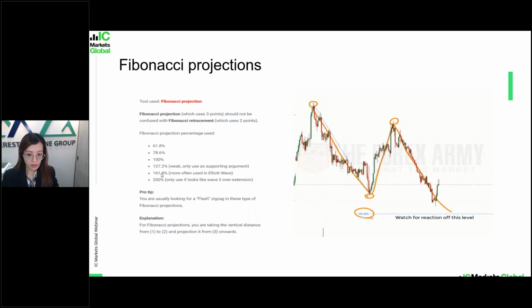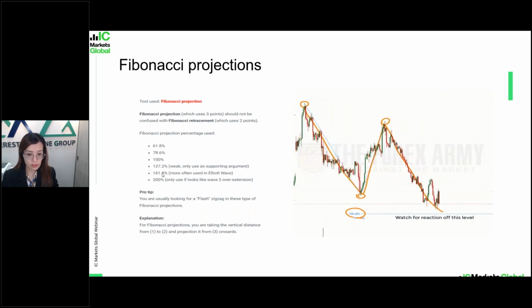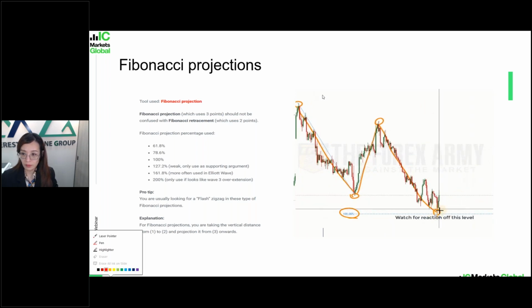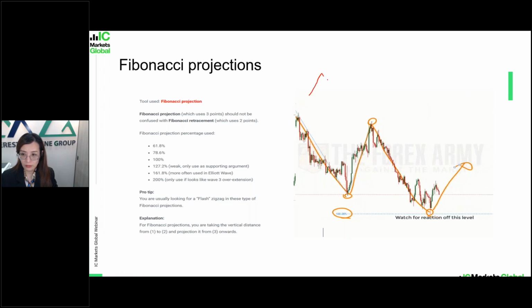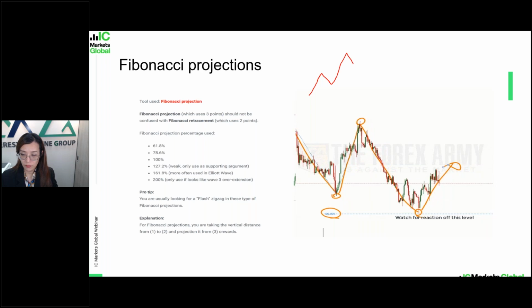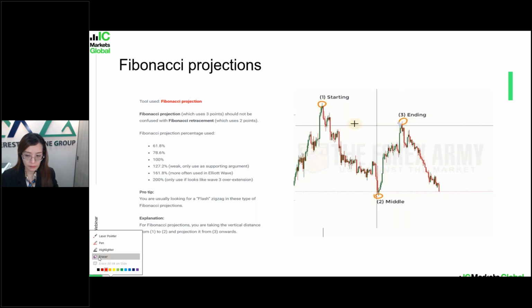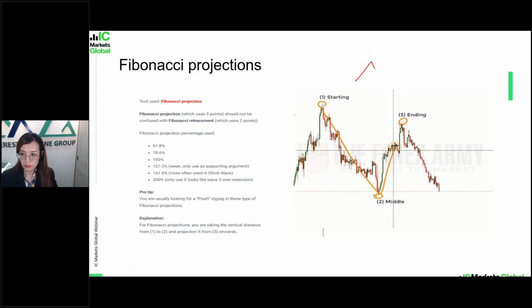And what about wave 5? We also use Fibonacci projection as well. Let's say put here like 1, 2, 3, 4, 5. Like this, wave 1, 2, 3, and you use projection to get wave 5.